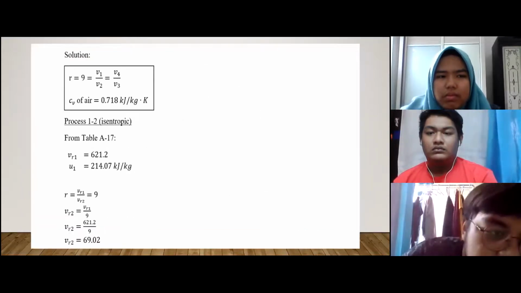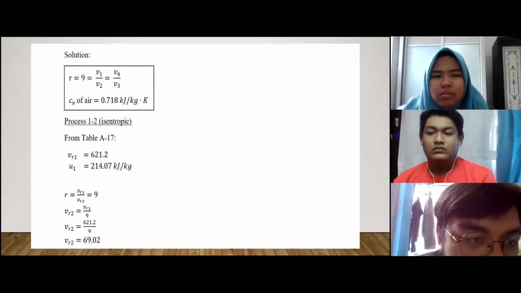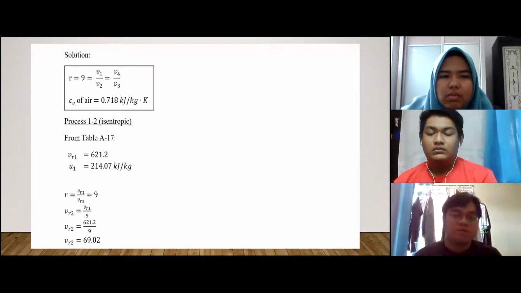So we know that R equals 9, so it is equal to V1 over V2 and equals V4 over V3.